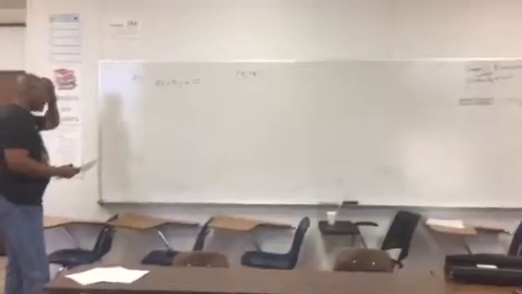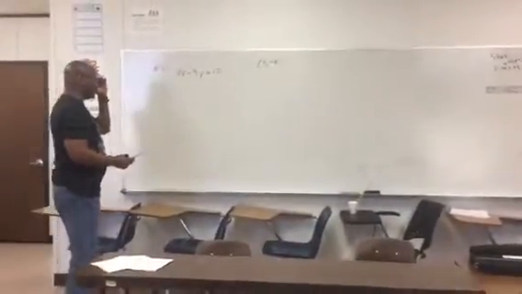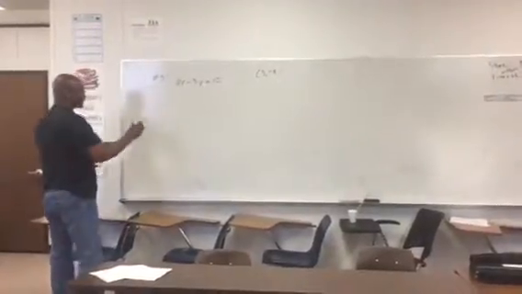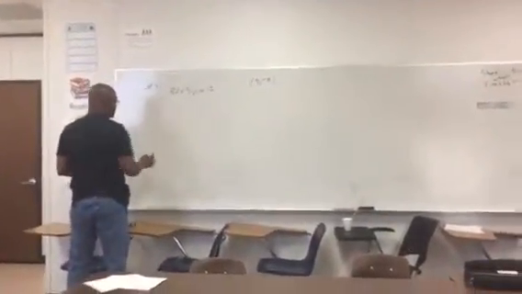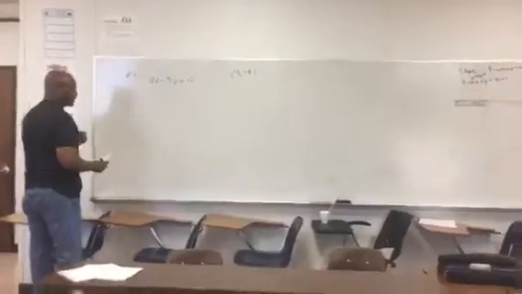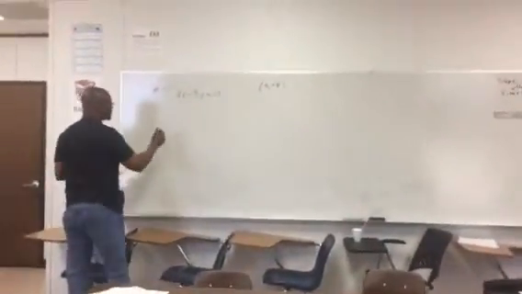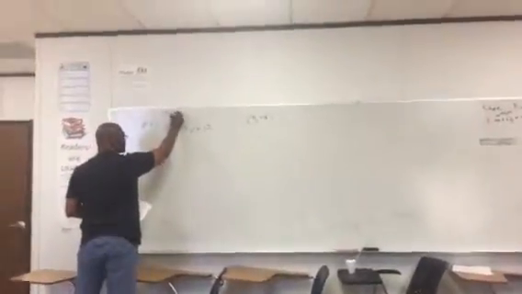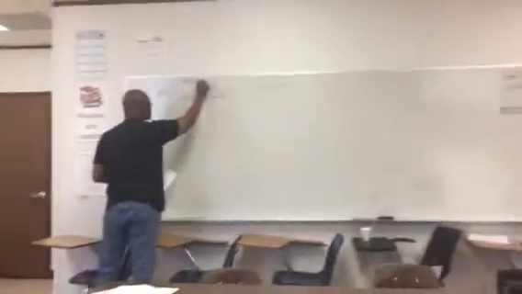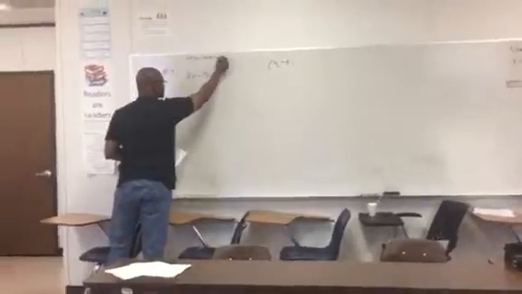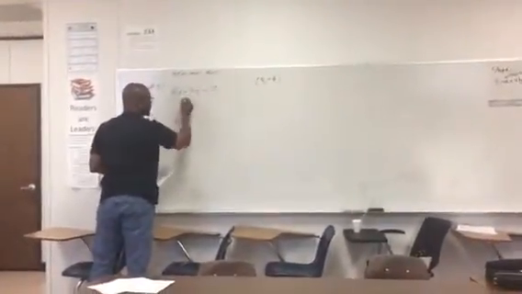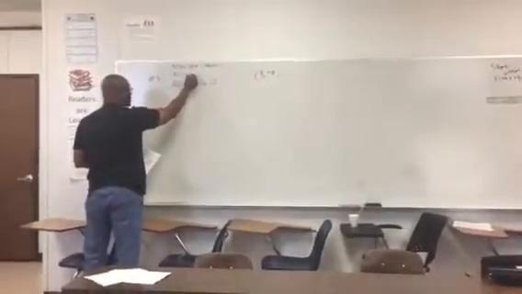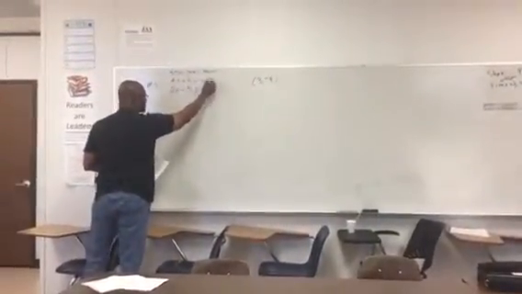Okay? All right, so the first thing we need to do is find out the slope of this line. The best way to do it is to put this in what you call y-intercept form. Right now, this is in standard form. Standard form is ax plus by equals c.